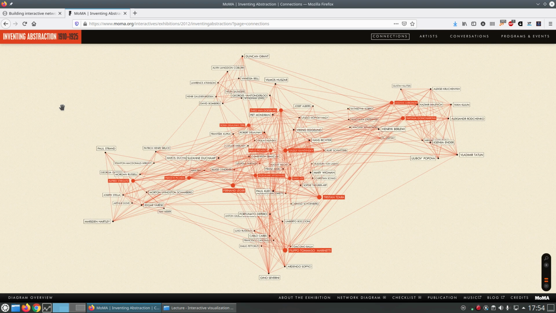What they were explaining here is how abstraction in art was created, and of course, as with most human ideas, it was created after a lot of interaction between different humans, in this case artists. So in this network, two artists are connected if they are acquaintances of each other.